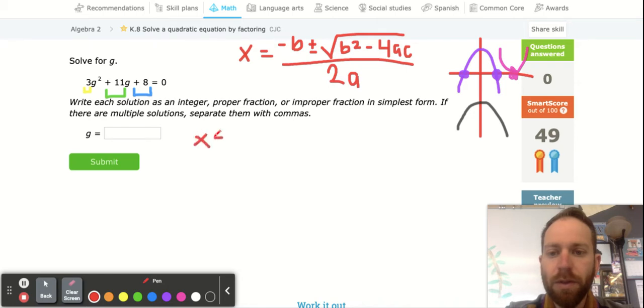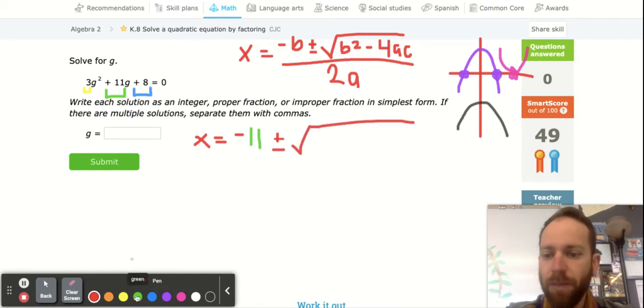X equals negative b, so b is 11, plus or minus the square root of b squared. That's 11 squared. Make sure that you put it in parentheses, because when you square it, if it was negative, it would come out positive, and that's a big mistake that people make.